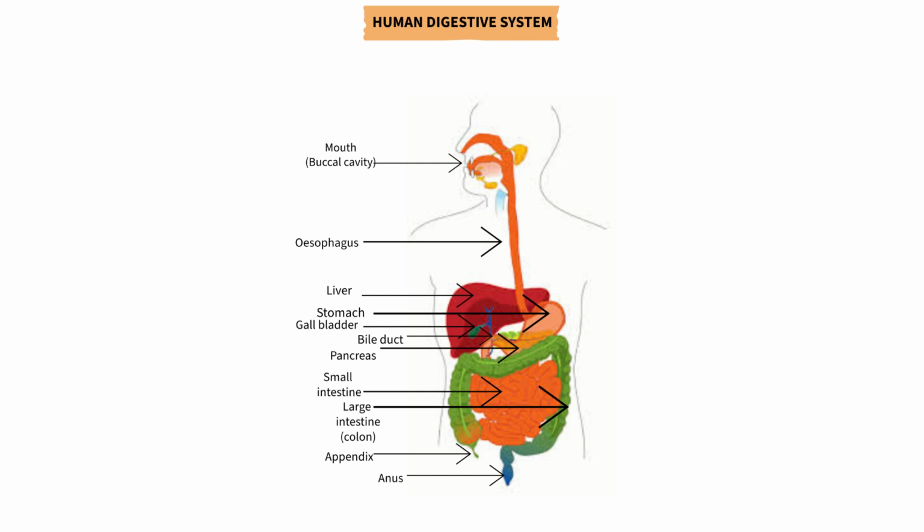These simpler molecules can be easily absorbed by the blood, and only then can these digested food particles or nutrients be transported to all the cells in the body.